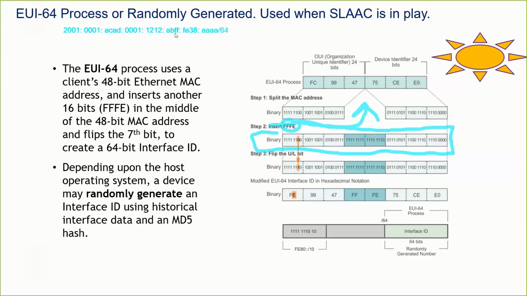It has FFFE in the middle. Okay, it has FFFE in the middle, right there. So because it has FFFE in the middle, I know that SLAAC is turned on, because otherwise it wouldn't have FFFE in the middle. Does everybody understand that?